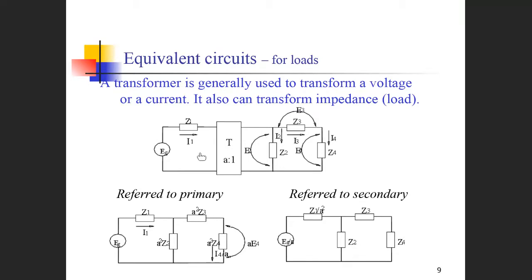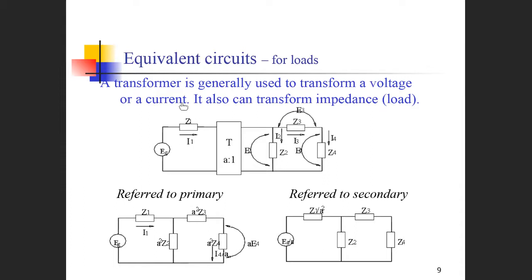For example, if we have a generator with a generated voltage EG and a wire transmission system with an impedance Z1 and a current I1 through a transformer, this transformer can be seen as an ideal transformer in series with other impedances, the transformer's primary and secondary impedance.